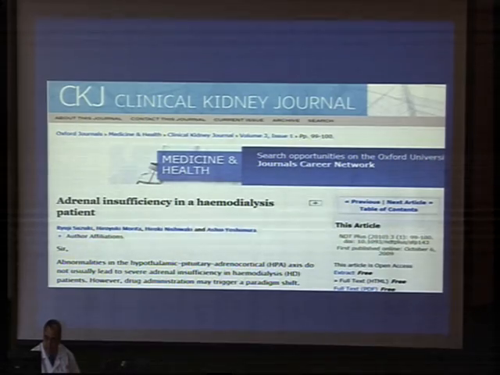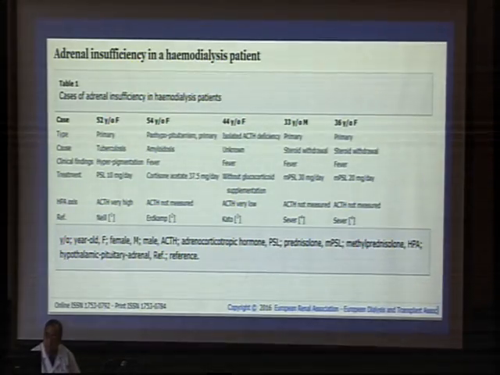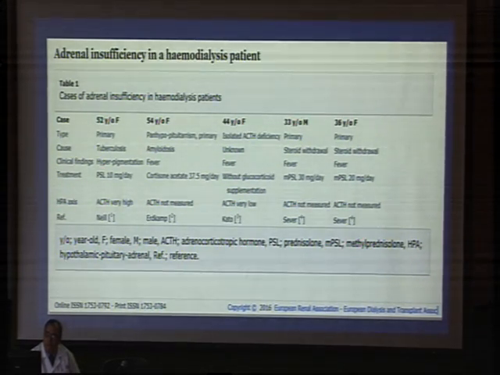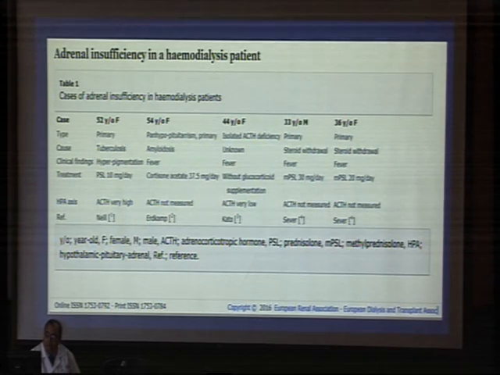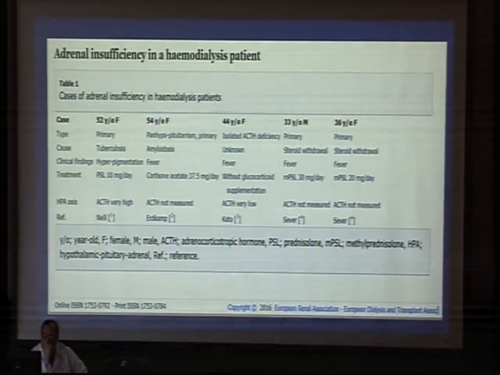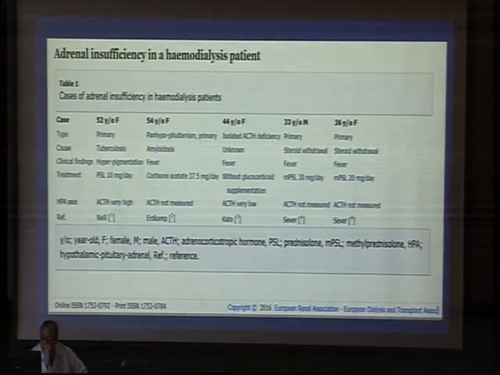This case report was described in this article, and this is the question raised by the European Renal Association and European Dialysis and Transplant Association, which this year and last month published, as you see here, 5 case reports that explain what happened with adrenal insufficiency related to hemodialysis.